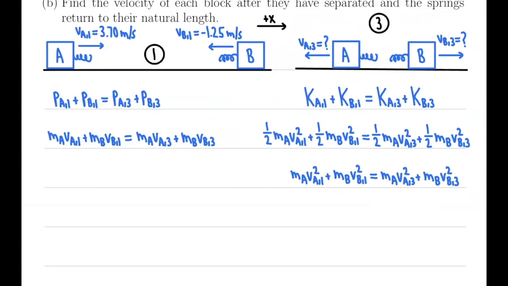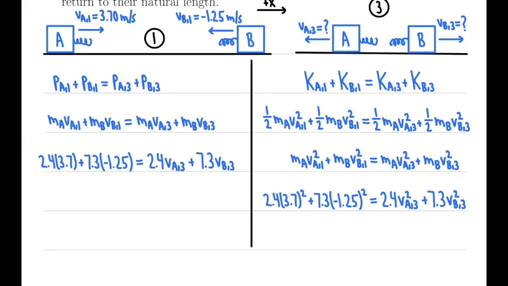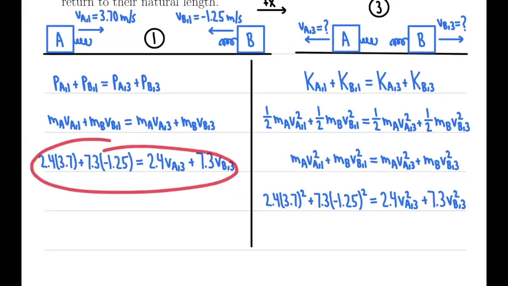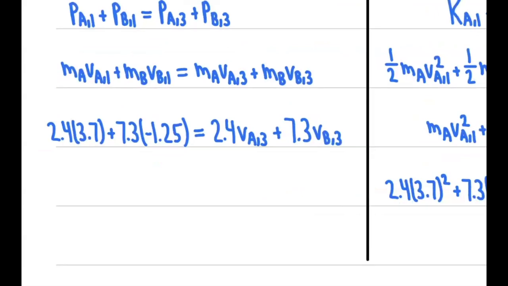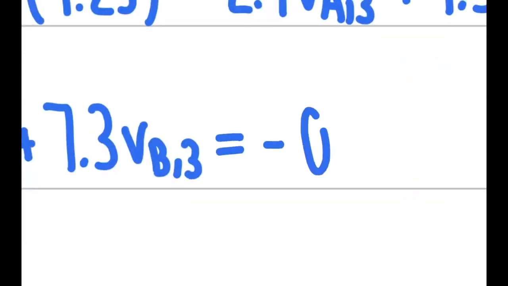So when you plug in all your knowns for both equations, you're going to get this. And when you do all the arithmetic, you're going to get that the first equation is a linear equation, it's 2.4 VA3 plus 7.3 VB3 equals negative 0.245.